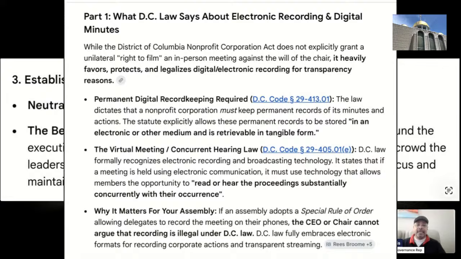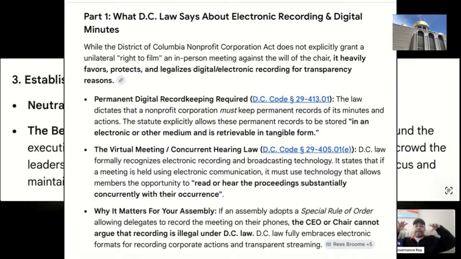While the District of Columbia Nonprofit Corporation Act does not explicitly grant a unilateral right to film an in-person meeting against the will of the chair, it heavily favors, protects, and legalizes digital electronic recordings for transparency reasons. It does not grant a right to film, meaning you're not going to be sitting there filming anybody or even the assembly.